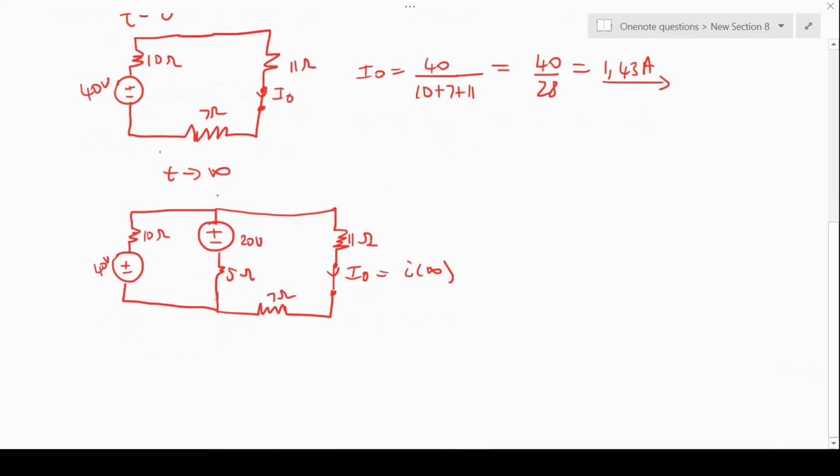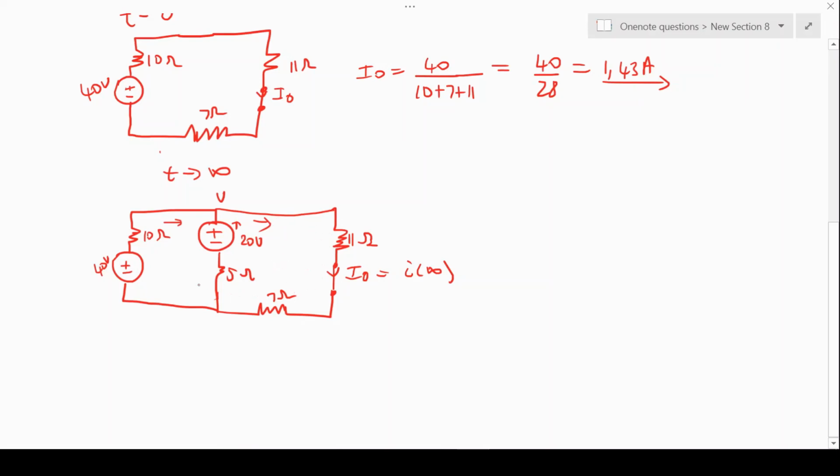So there are many ways that we can solve this. One of them would be to determine the voltage at that point, and we would use KCL to determine that voltage, and then we divide that voltage by 11 plus 7, which is the total resistance in that branch, to determine the current I0.